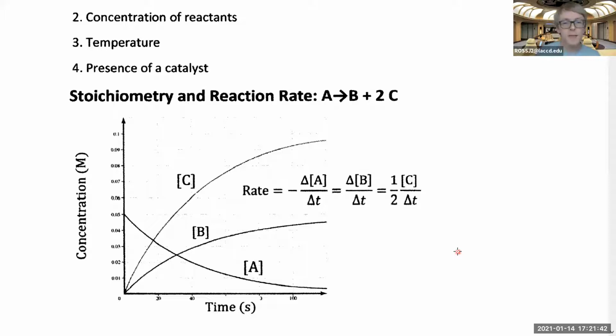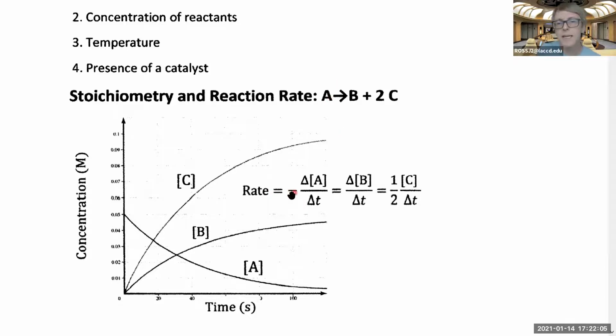So we can see here that we can measure the rate. And it says rate is negative delta concentration of A over delta t. Here square brackets just means molarity or molar concentration. Delta t means per unit time. Notice we only have one reactant.